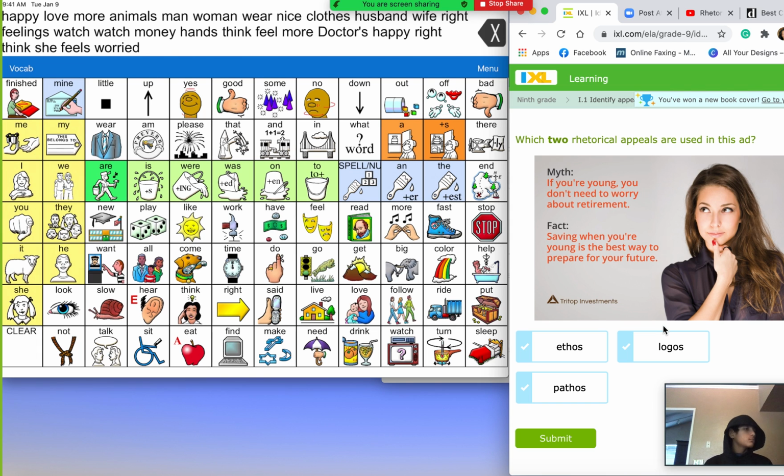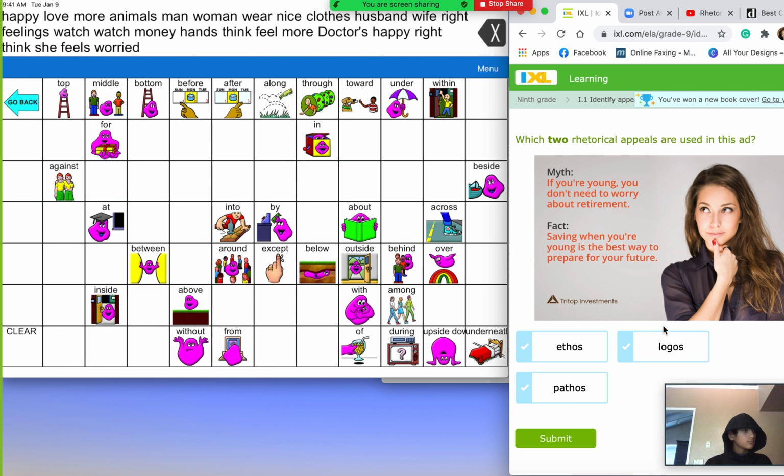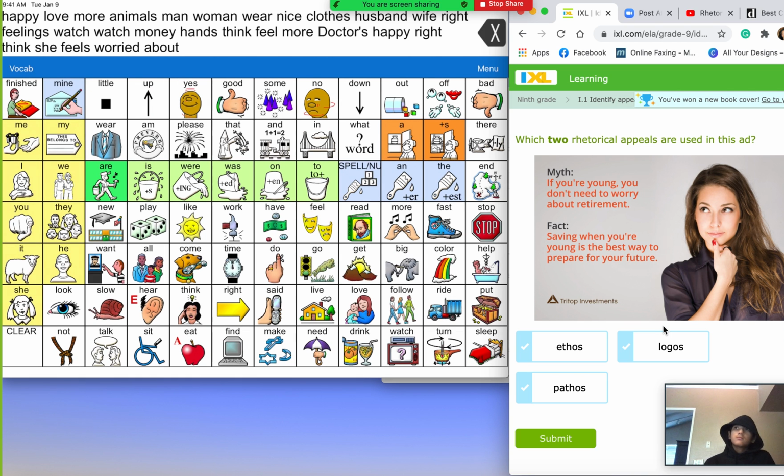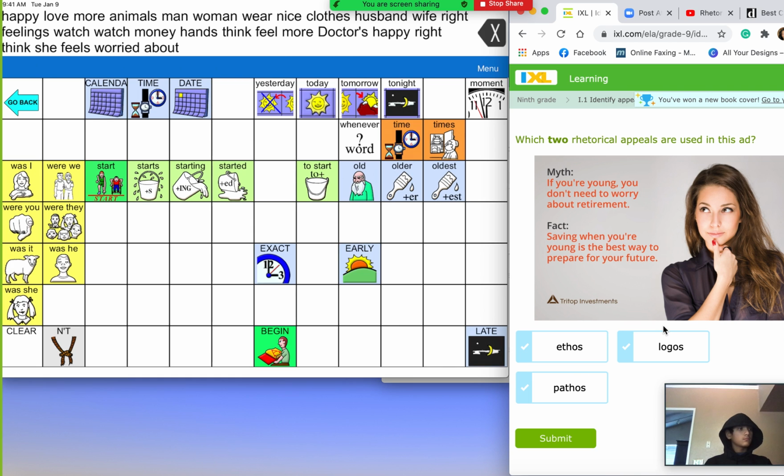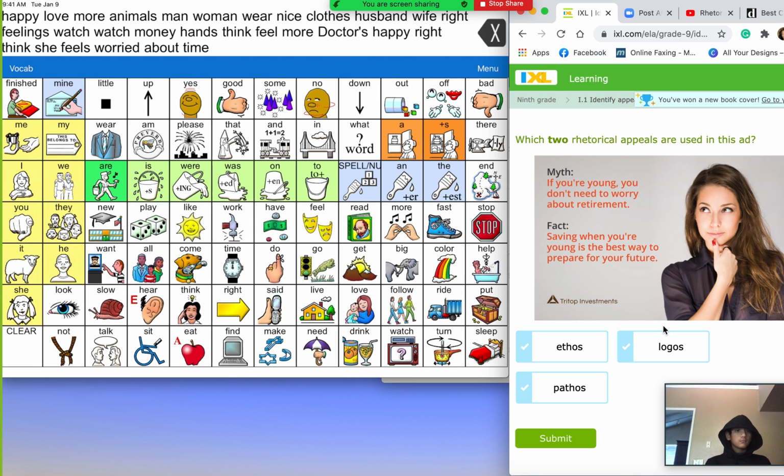All right, she feels worried about something. And if we ever need to find like about, right, any of these, there you go, nice. Okay, worry about. She's worried about, you know, as time passes, right, she's worried about time, right? Kind of wraps it all up.